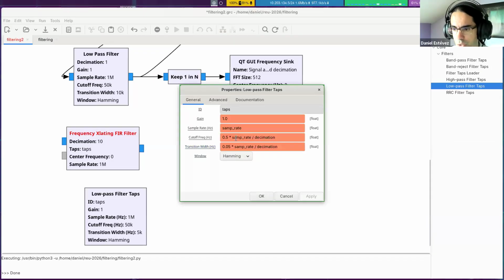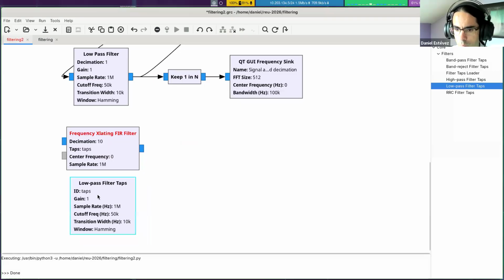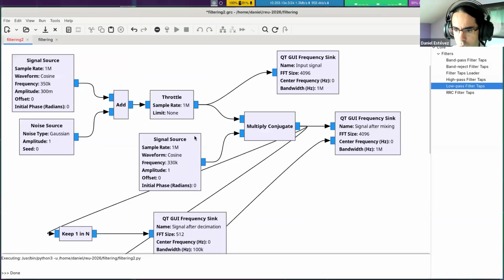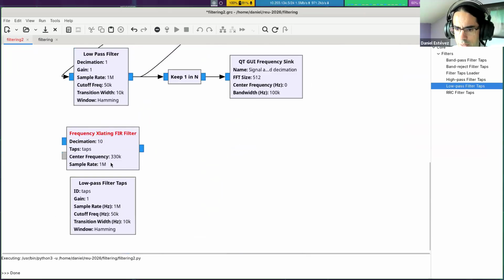So the filter needs twice as many calculations on the CPU. Okay, so that's it for the taps. And then the center frequency, we can set it to tune frequency. That plays the same role as the signal source, and you don't need to bother with any multiply conjugate or anything else.